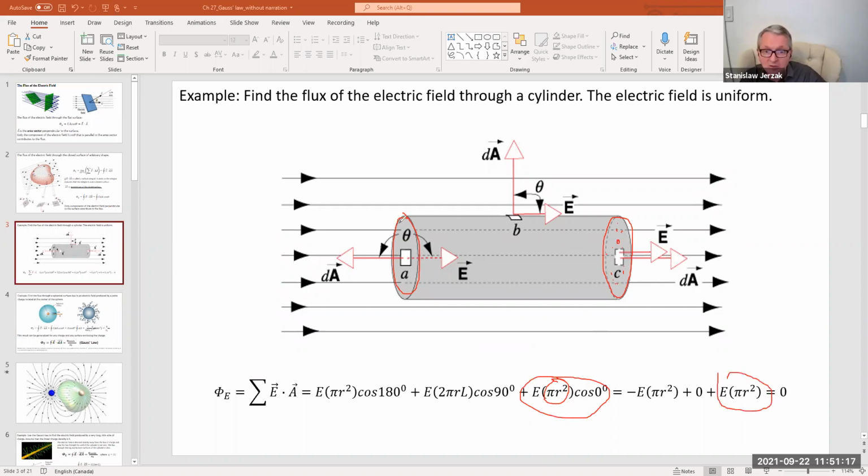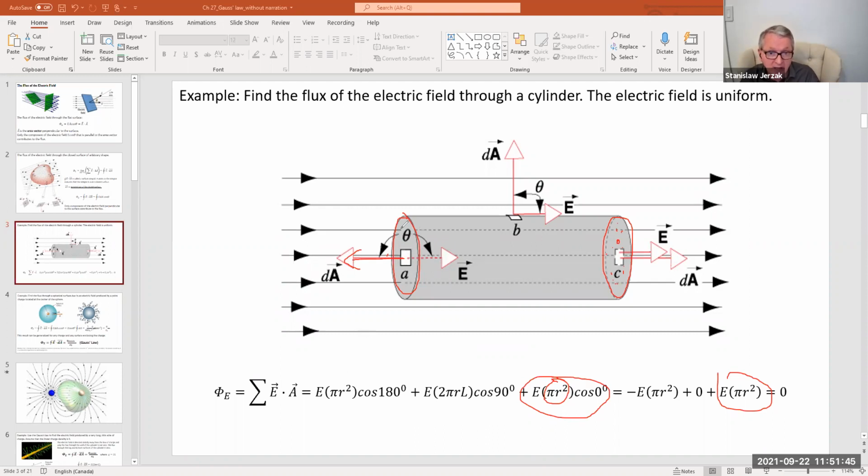Now let us calculate the flux through this surface, through this circle. Well, here the area vector is, remember, always to the outside of that closed surface. So here the area vector would be in this direction, which is anti-parallel to the electric field. You see, the electric field is to the right, but the area vector here is to the left. So the angle theta between the electric field and the area vector is 180 degrees.